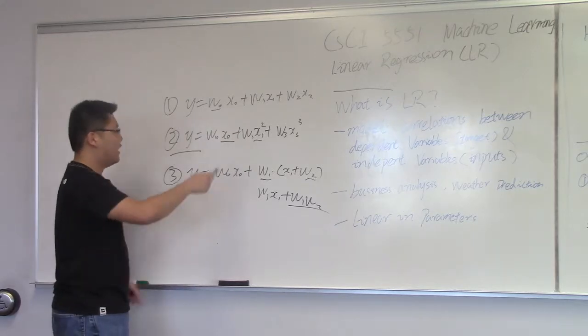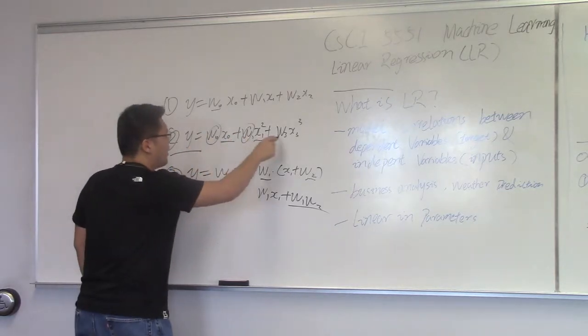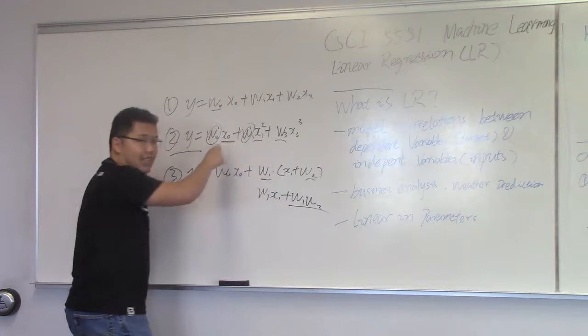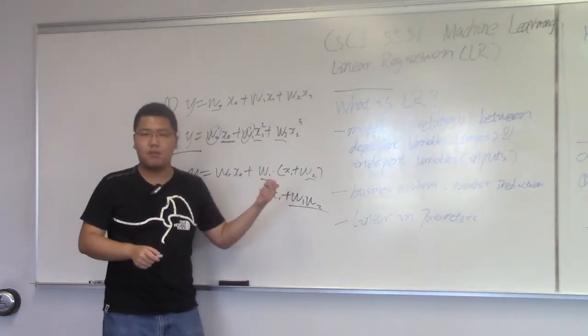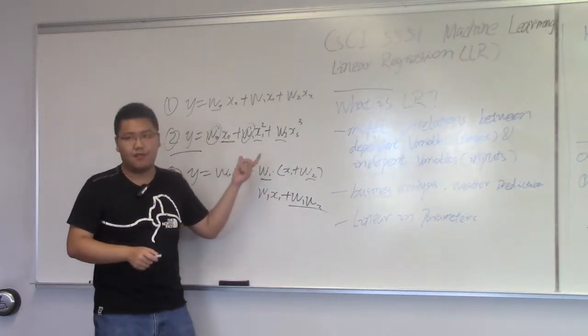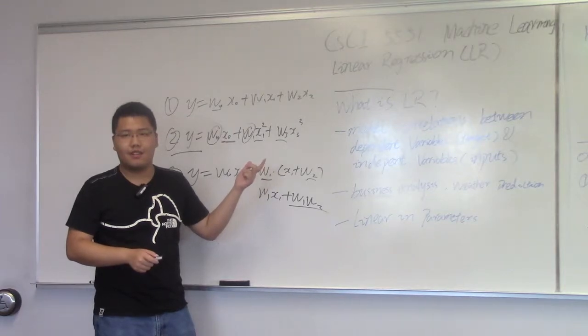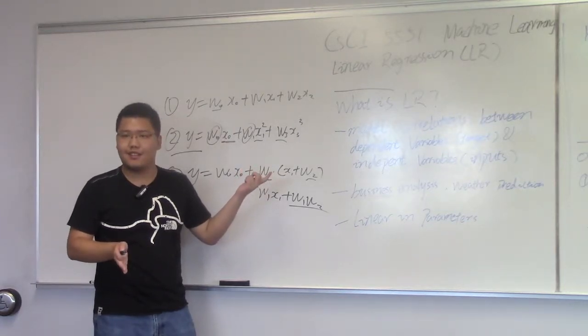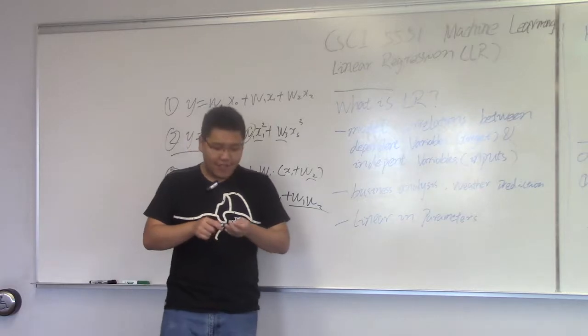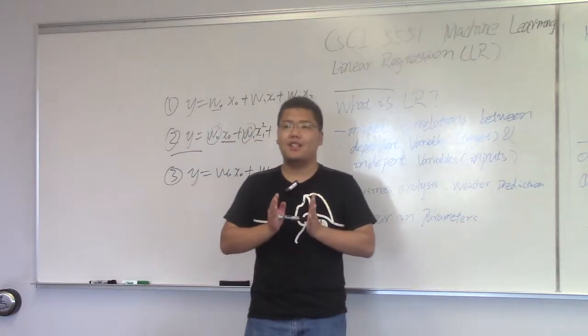But since we are focusing on the parameter, which is the w here, we can just ignore this x and treat it as a constant, which means that this one is linear in parameters. Any other questions? Okay, I believe everyone has some understanding of linear in parameters.